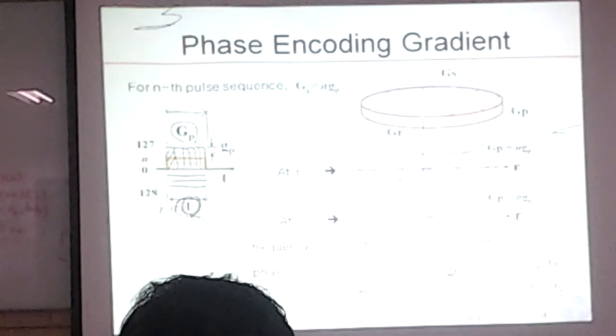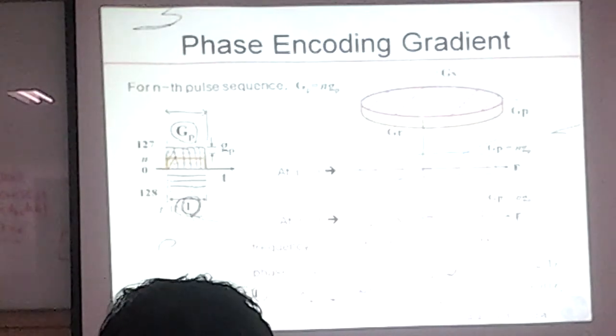So this phase can be rewritten by k and r. Only two variables are represented. As I said before, the Fourier transform has the intensity and the phase, right?